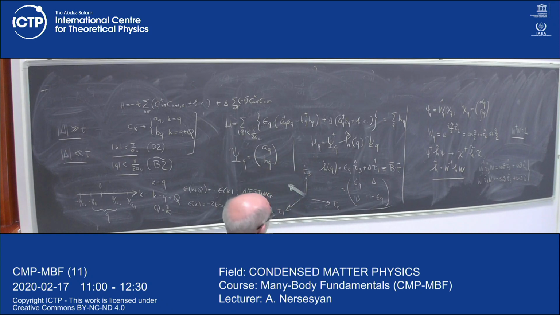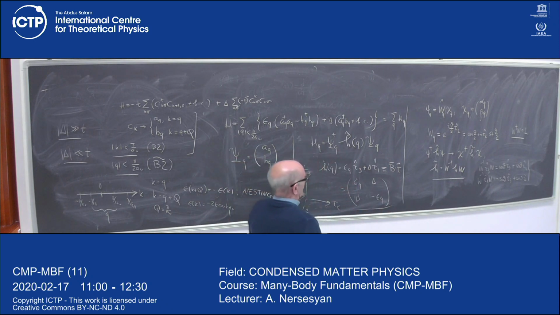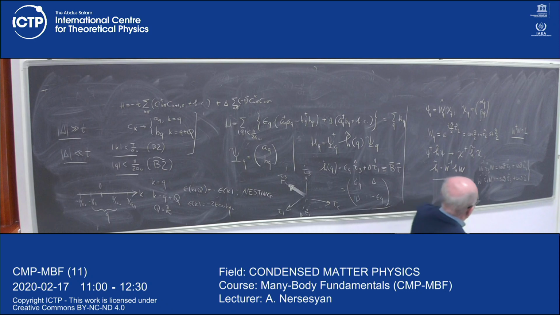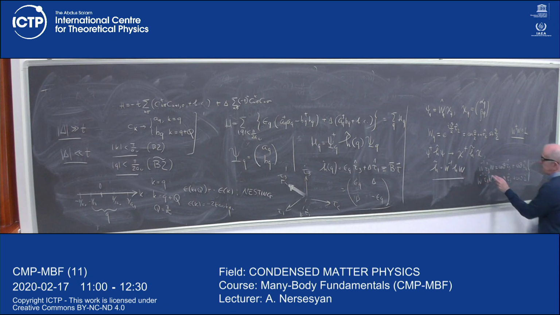And what you do, you would like to make a rotation of your spin coordinate, spin axis in such a way, in the plane tau 1, tau 3, that the new magnetic field is now directed along the new z direction. And that gives you an idea what happens with the tau 3 and tau 1 matrices.